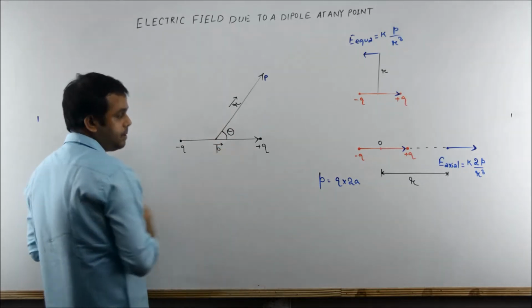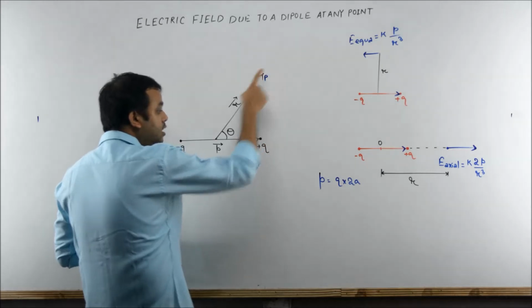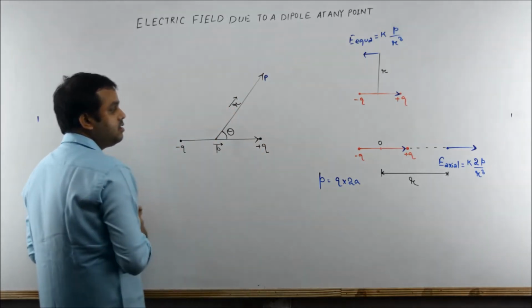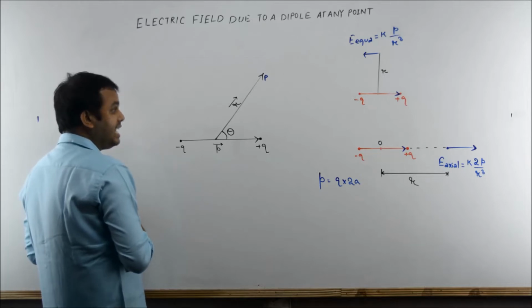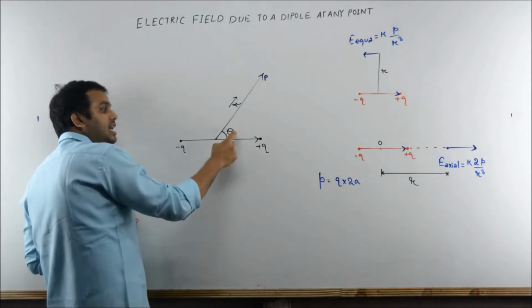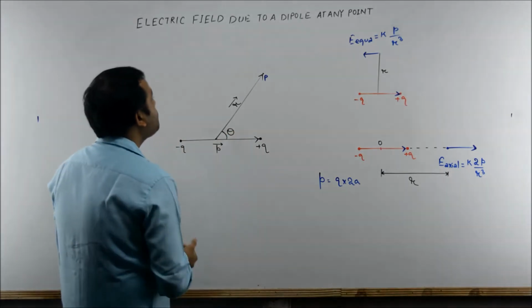The position vector of point P from the midpoint of the dipole is r vector, and the angle between r vector and dipole moment is theta. Clear, students? Clear?